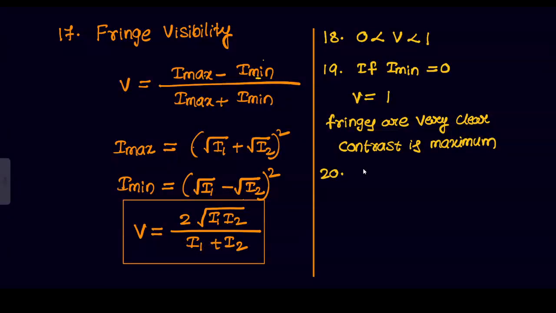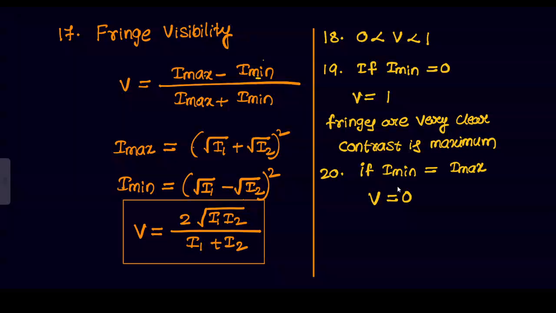Okay. In some cases, if I min is equal to I max, both are equal, then the V value is 0, meaning visibility is 0. That means you cannot distinguish the bright and dark. Both will appear the same. In that case, the fringes are not visible.